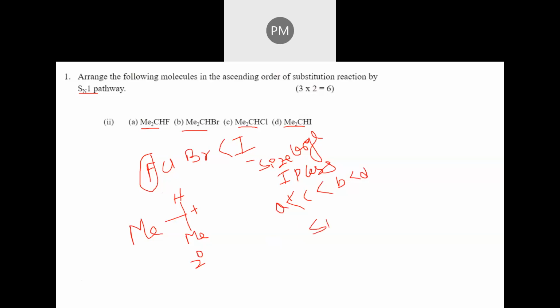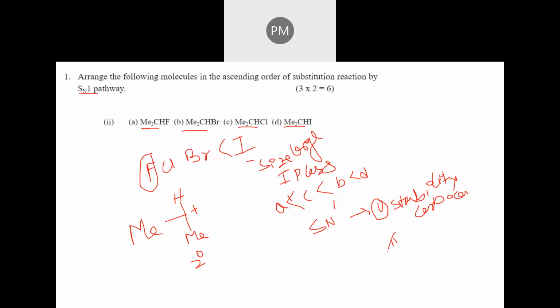First is the stability of carbocation, and the second is the stability of the leaving group.